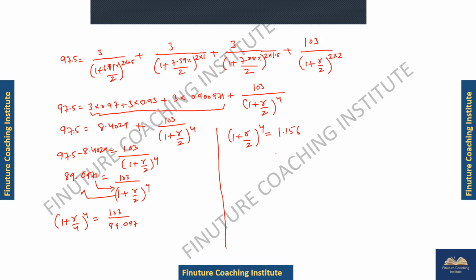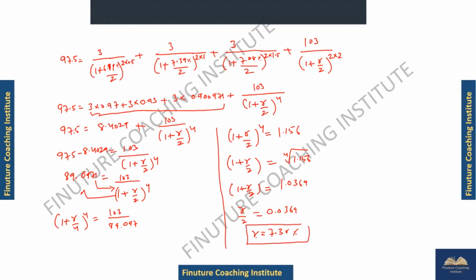So your 1 plus r over 2 is equal to 1.0369. So your r over 2 is equal to 0.0369. And if I multiply this by 2, it's 7.38%. So this is the spot rate for 2 years, semi-annual compounding.